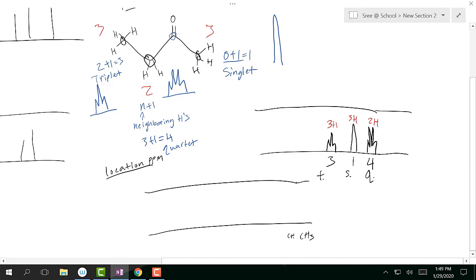It's around like 1.9, or hold on, let me get the exact numbers. Sorry, 0.9. So this is 0.9, 1.2, and 1.7. And these are rough numbers. It's going to go up or down based on the neighboring groups. So anytime you have methyl, ethyl, propyl, these are the values where you're going to see it.